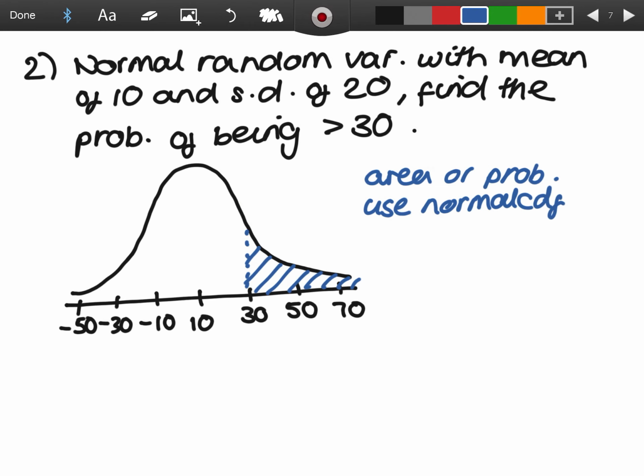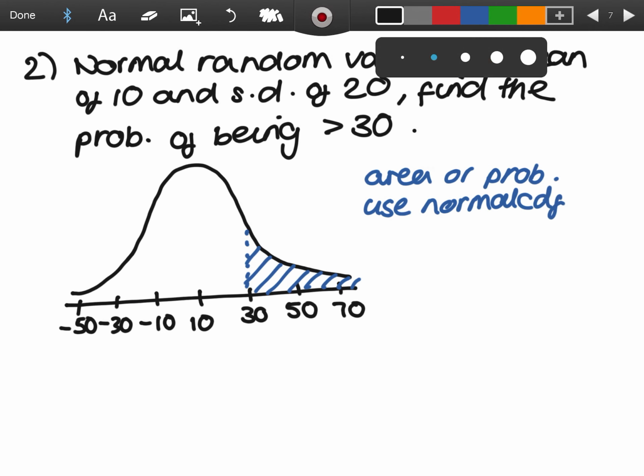We can't use 10 in this case. 10 is actually in the other direction. So we don't have an upper bound to use. And as I said, calculators don't tend to like it if you just plug in some random massive number. Sometimes it will just go weird on you and error out. So we need a way of doing this. That's where a Z transformation comes in.